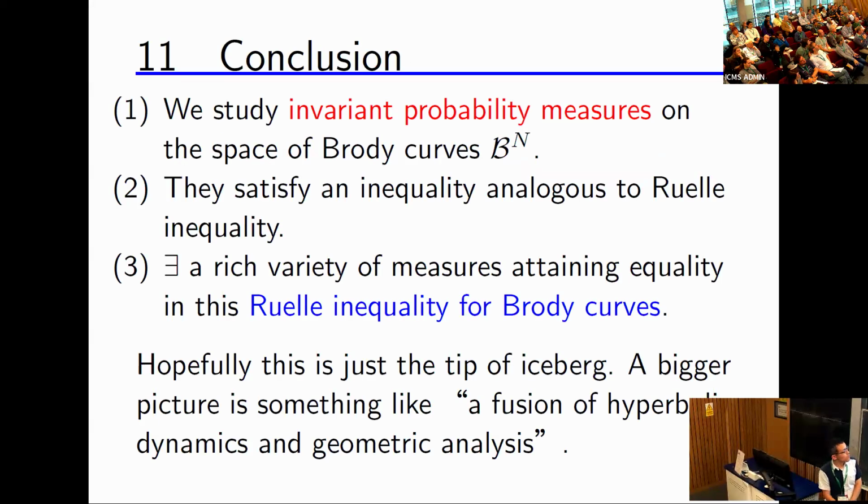Okay, so this is the final slide. Conclusion. First, in my talk, we study invariant probability measures on the space of Brody curves. And we show that they satisfy a certain inequality analogous to the Ruelle inequality of smooth ergodic theory. And third, we can construct a rich variety of measures attaining equality in this Ruelle inequality for Brody curves.